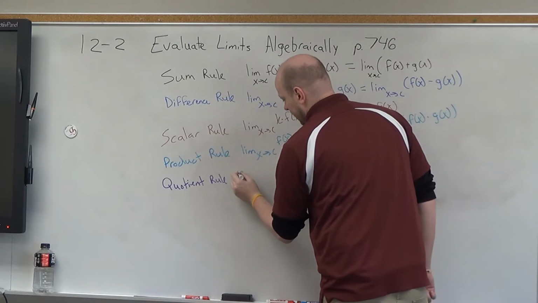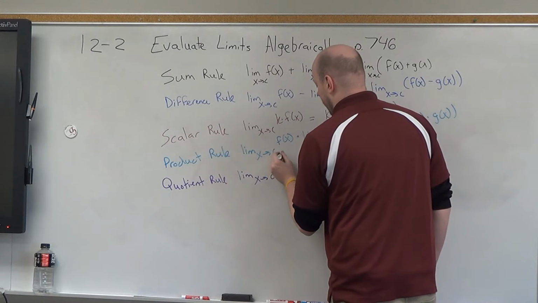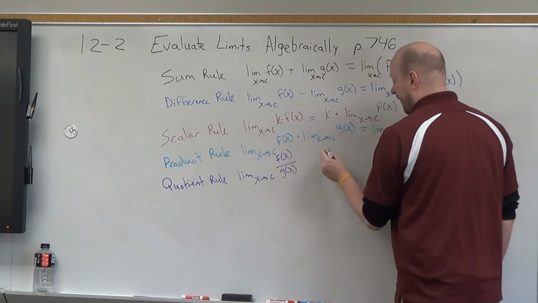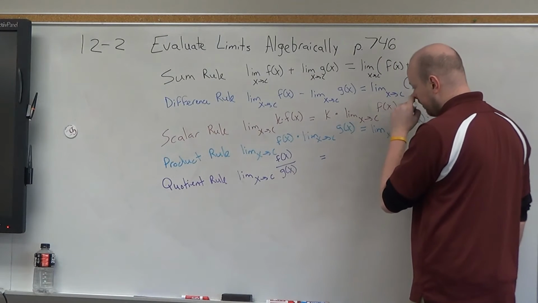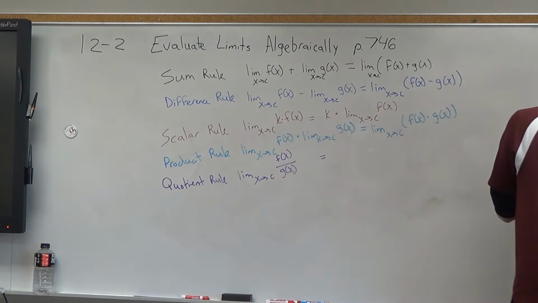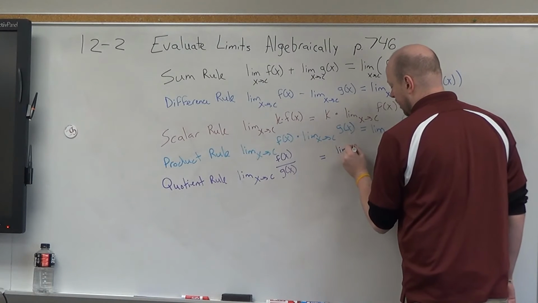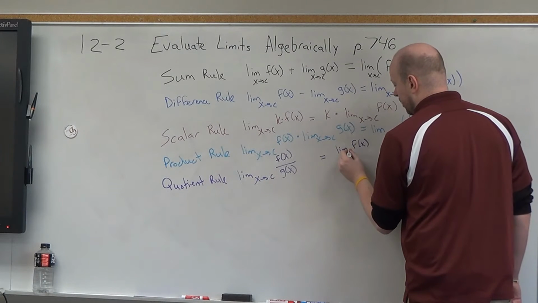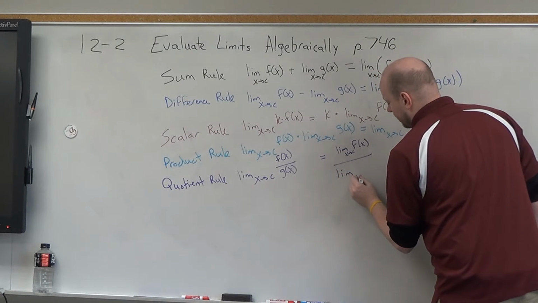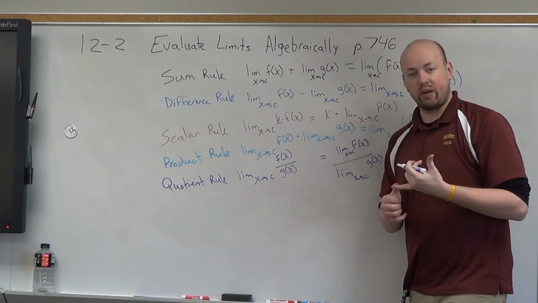So, if I have the limit as x approaches c of f of x divided by g of x, then that's the same thing as the limit of f of x as x goes to c divided by the limit as x goes to c of g of x, as long as I have one specific thing.